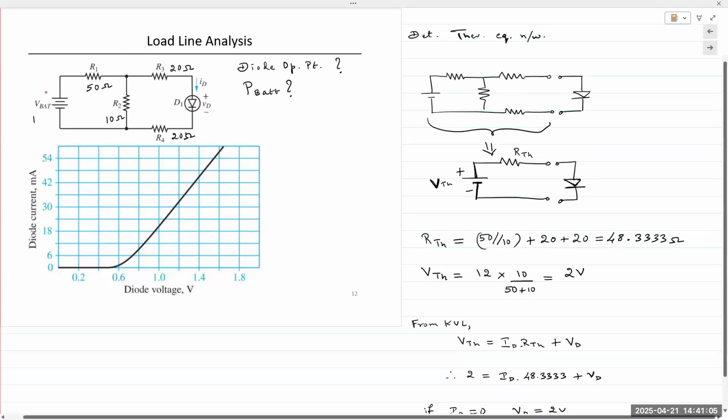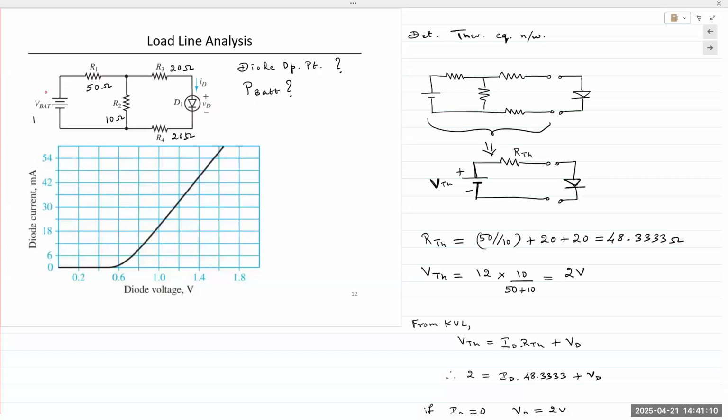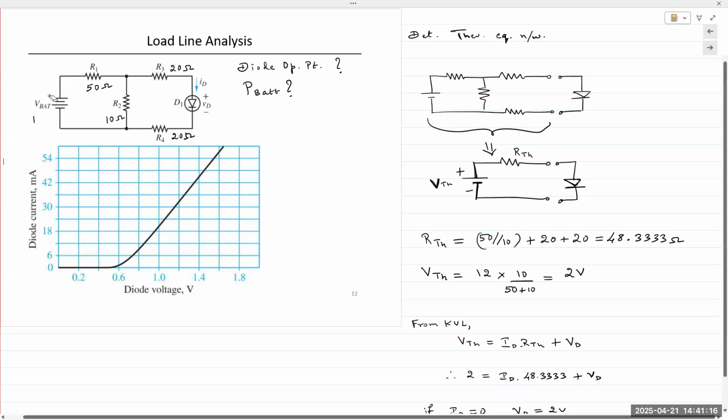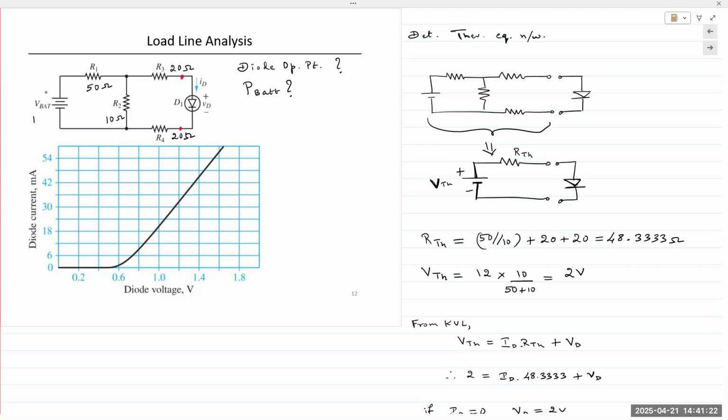Unlike the circuit we saw just a few slides ago, this circuit needs to be reduced. Okay, we need to determine the voltage that is being applied to the diode and the resistance that is connected. So we need to simplify the circuit to its Thevenin equivalent circuit.